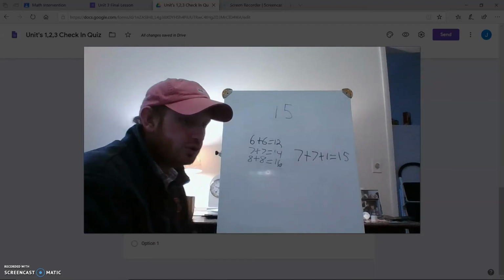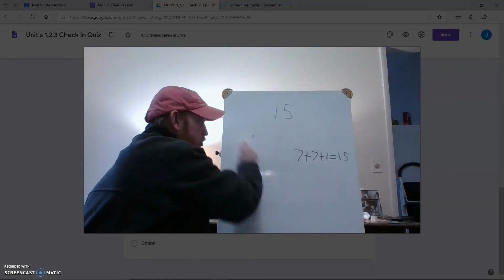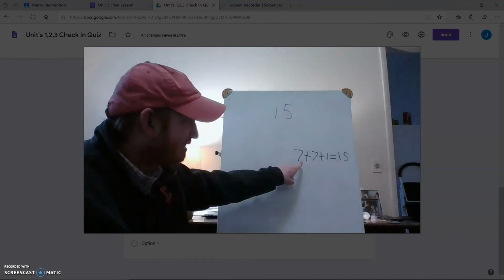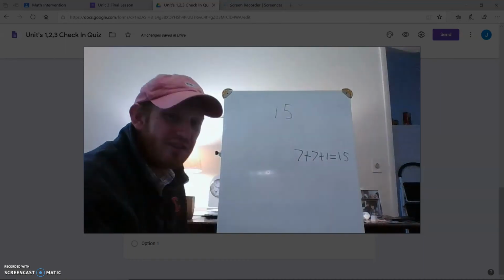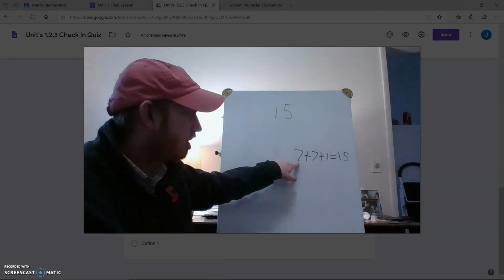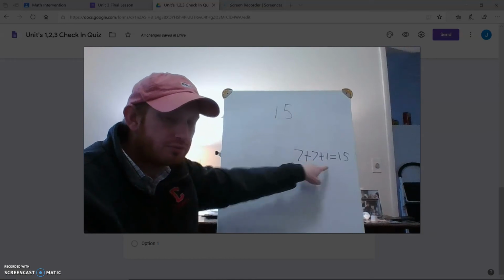So what we were able to do was prove that 15 is an odd number by showing it's a doubles plus 1 fact family. And only odd numbers can be a doubles plus 1.